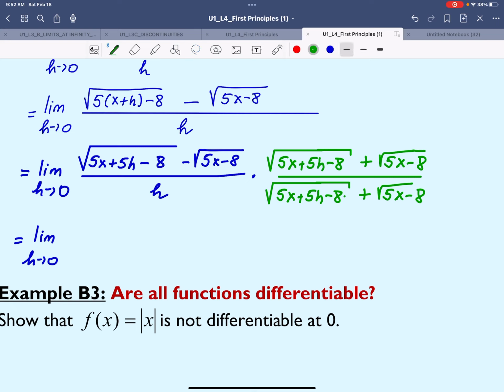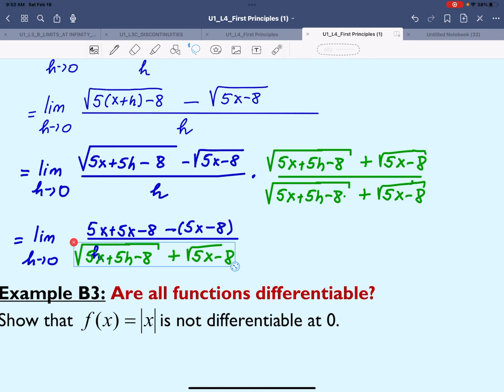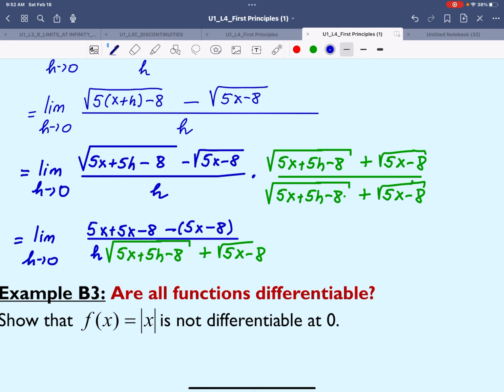Now, let's simplify. So we have 5x plus 5h minus 8 minus 5x minus 8 divided by h, and then multiplied by the conjugate.